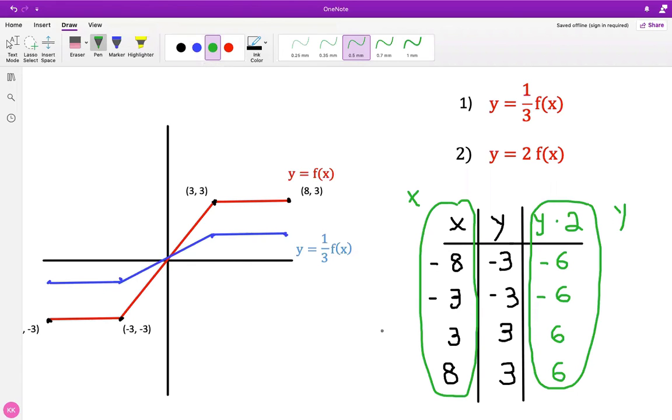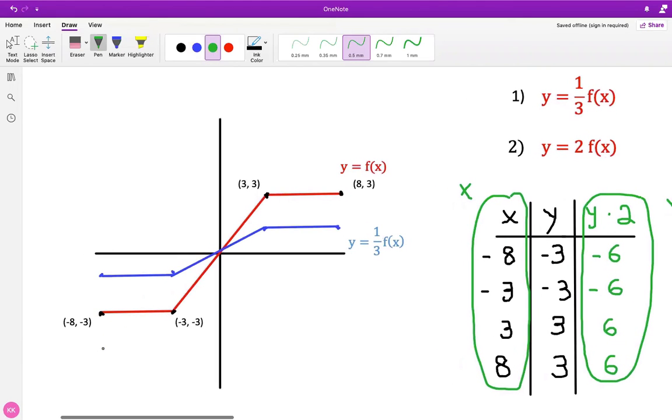Let's do this together. -8 and -6 is around this position. -3, -6 is around this position. 3 and 6 around this position. And 8 and 6 around this position.